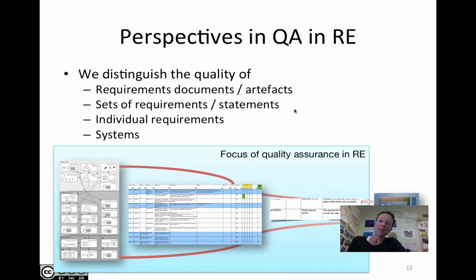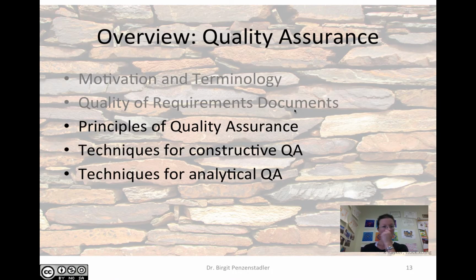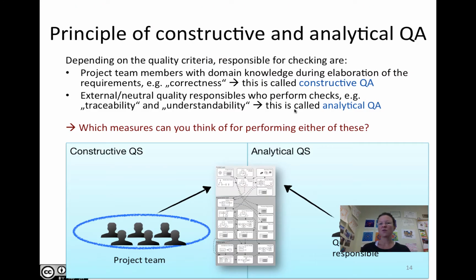So we distinguish as perspectives in quality assurance and requirements engineering the one of requirements documents versus sets of requirements inside those documents versus individual requirements versus then verifying that it's actually happening in the system. The principles of quality assurance are two-faced, constructive and analytical.